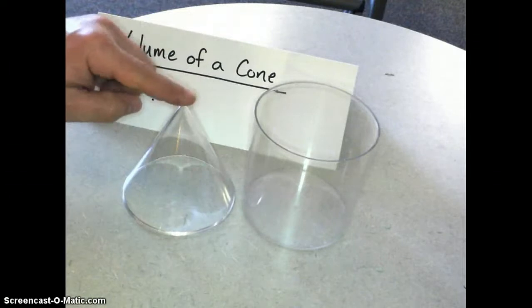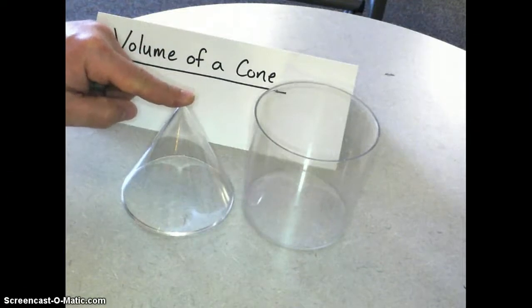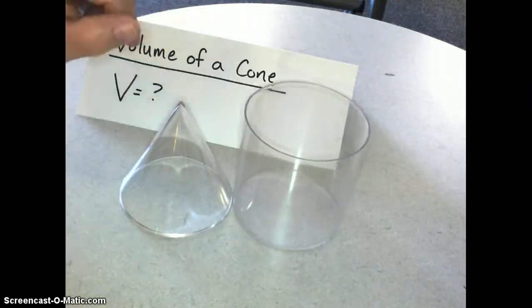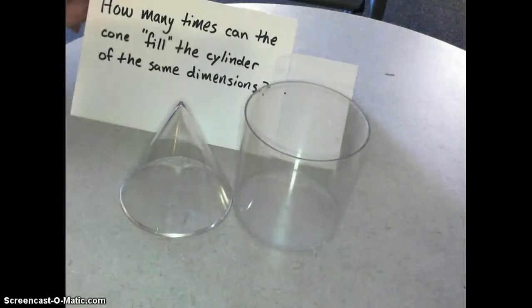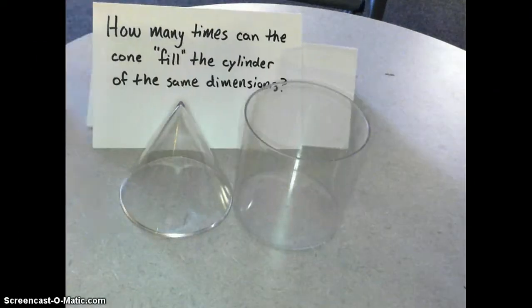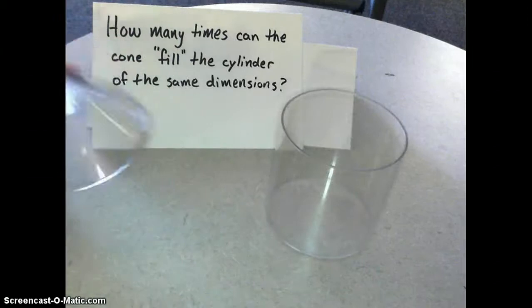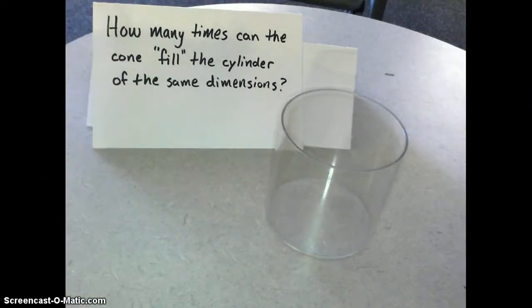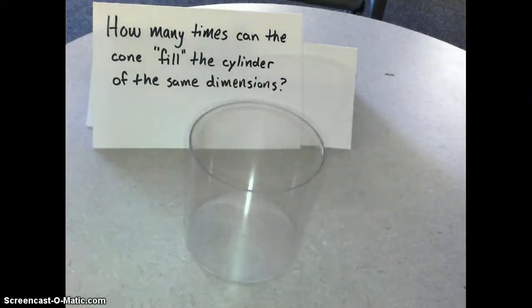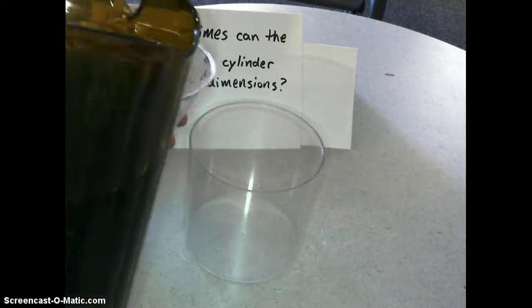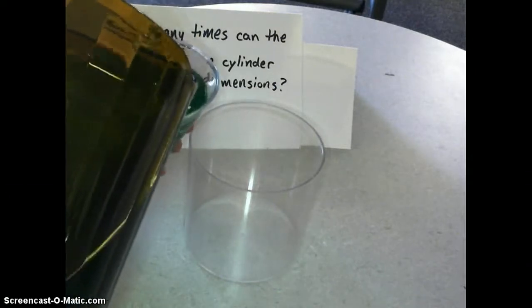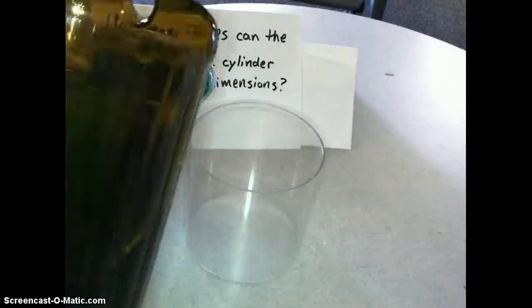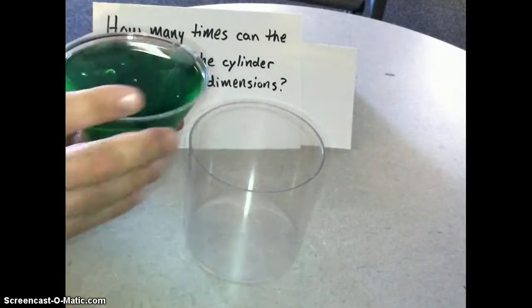Alright, so if I have one cone that is the same base area and height as its corresponding cylinder, we again want to ask ourselves this question. How many times can one cone fill the cylinder of the same dimensions? So let's try that. One, and this is going to be a little harder to pour.